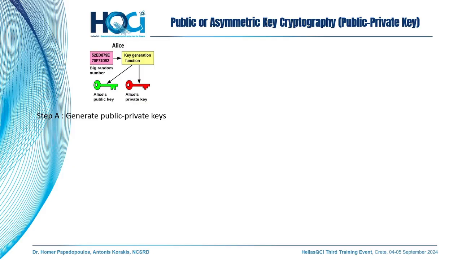In this cryptography, what you do is generate two keys, the green and the red. You always generate two keys. The green is the public key, and the red is the private key. Usually, as you will see, the public key is smaller than the private key, which is bigger.